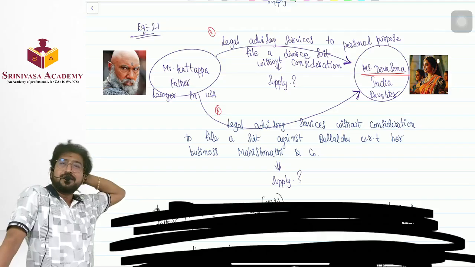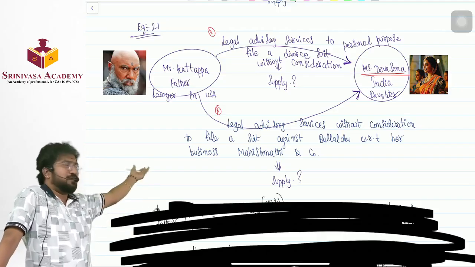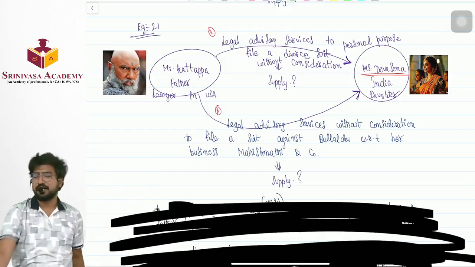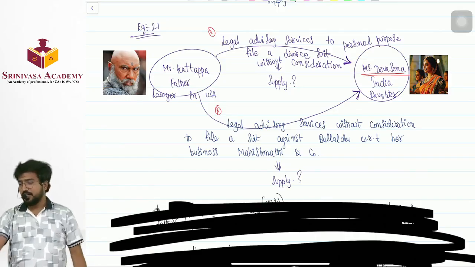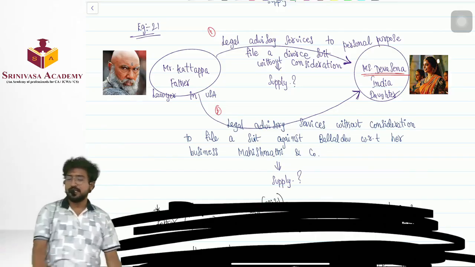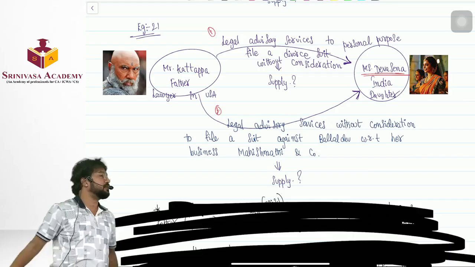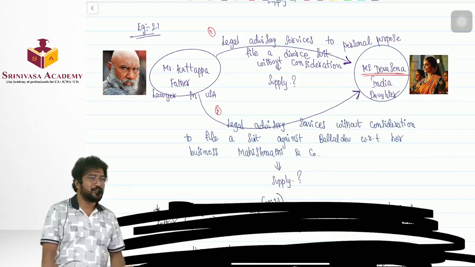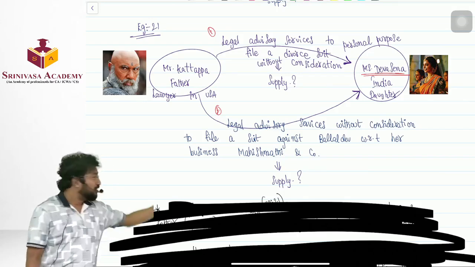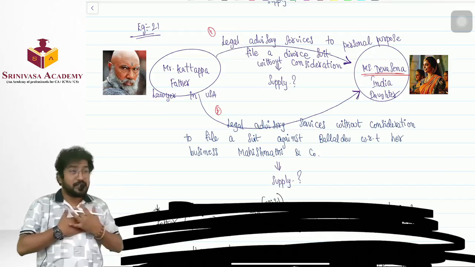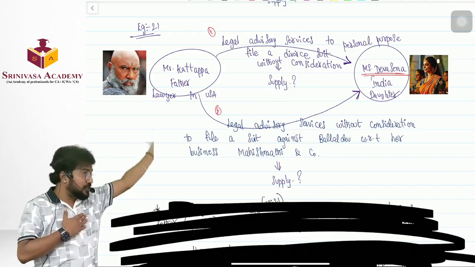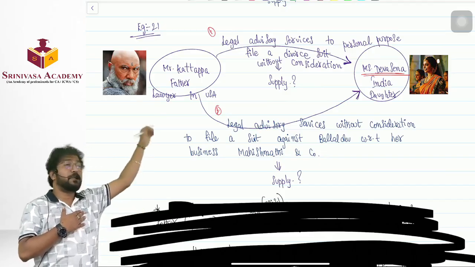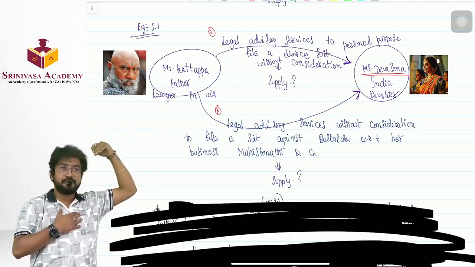First one: supply or not supply? First one, not a supply, sir. Personal purpose, we know that is absolutely clear. Second one, online fellows, respond. Why not a supply? For Devasena, father is related only if he is wholly or mainly dependent on Devasena.